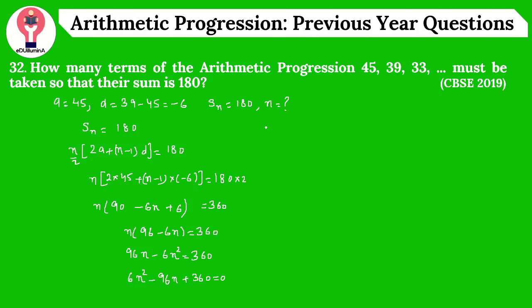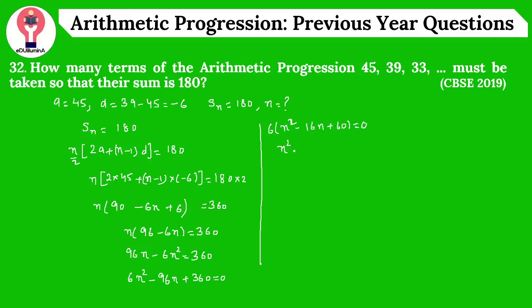Now we can take 6 as common from the whole expression. So 6 into n square minus 16n plus 60 is equal to 0.